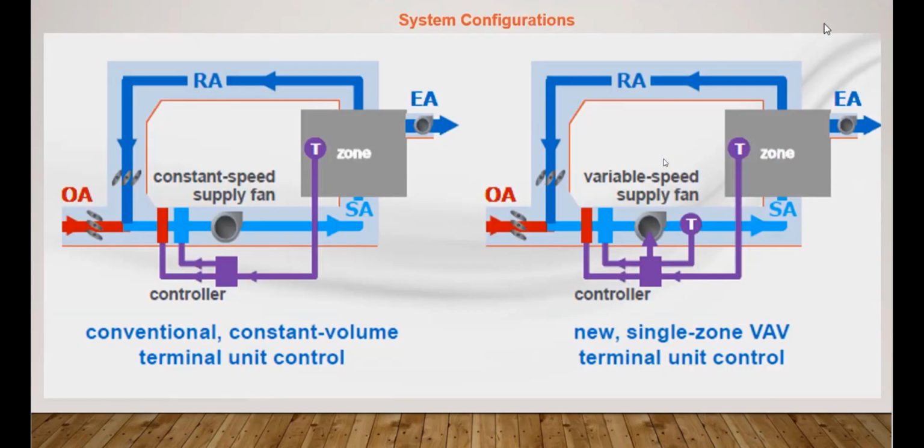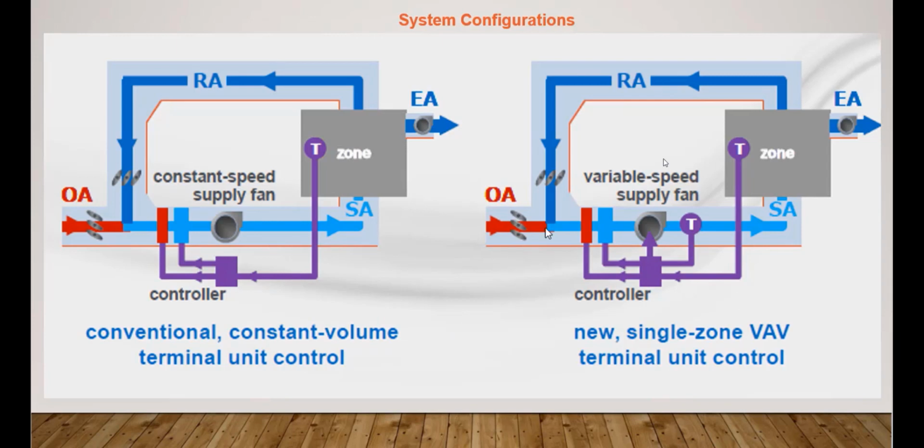Now the motor of the fan coil unit can be constant speed or variable speed. Here is the system configuration for both types of systems. On the constant speed, it is a conventional constant volume terminal unit control. And there is the new single zone VAV terminal unit control, which is used with the variable speed supply fan.